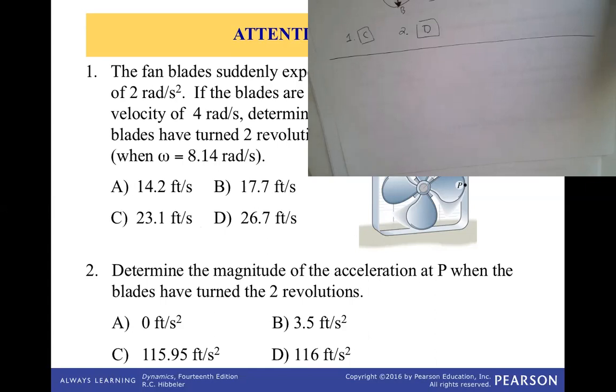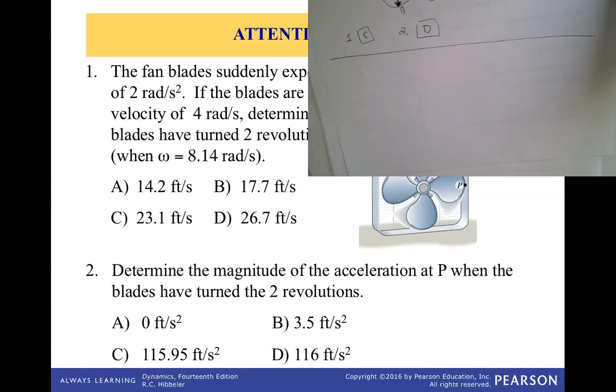This one gives you the angular acceleration alpha. It gives you initial omega, so omega 0 is known. It says determine the speed at point P where it has turned 2 revolutions.